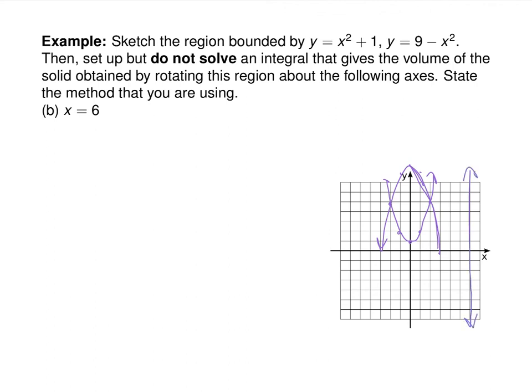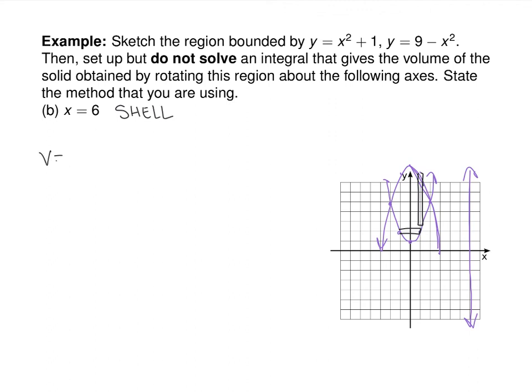Okay, so you have to ask yourself, would it be easier to slice this way, or would it be easier to slice that way? And I think for the same reasons as the previous example, the second way is easier. So that means that for this one, you are going to use the shell method.